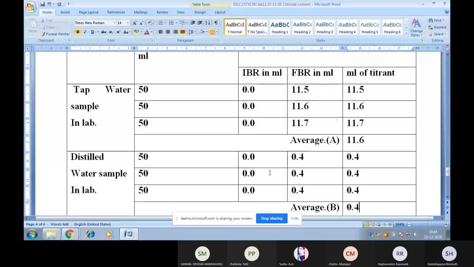Now, as you can see, this is the formula used to calculate the chloride content. So that is A minus B. A is the average ml of titrant used in the color change from yellow to brick red. So A is 11.6 and B is 0.4.